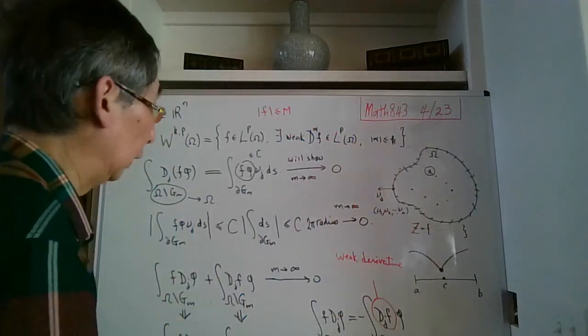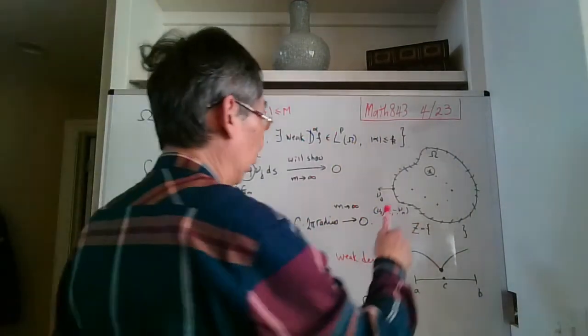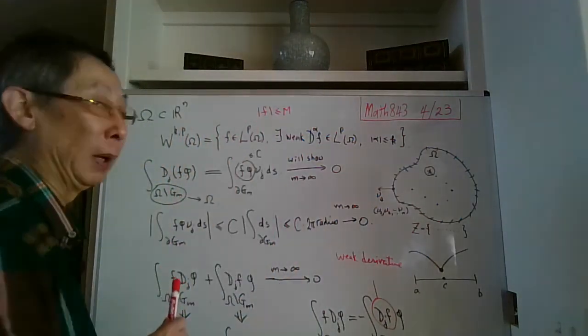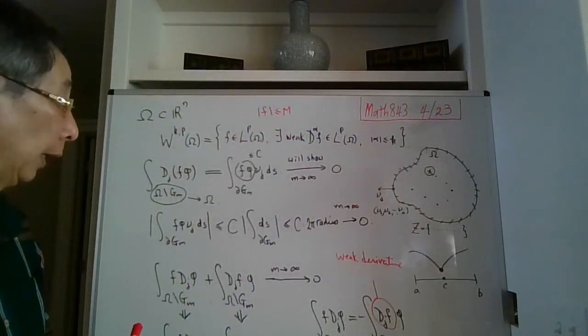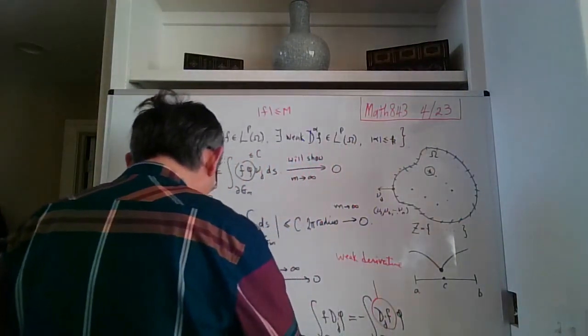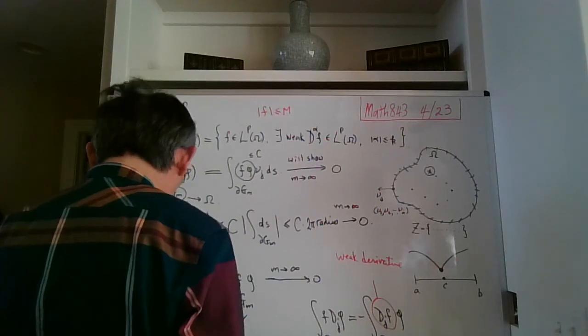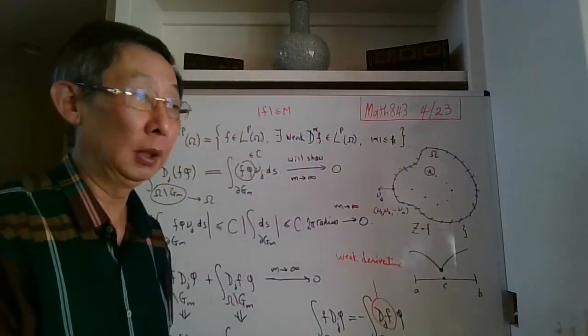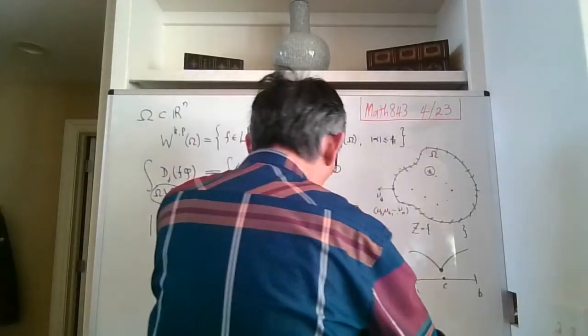Even though the function is not differentiable at its corner points, the function is still bounded. In the next example, I'll show you the case where the function can be unbounded at the corner point. Now I'm going to show you a simple one.